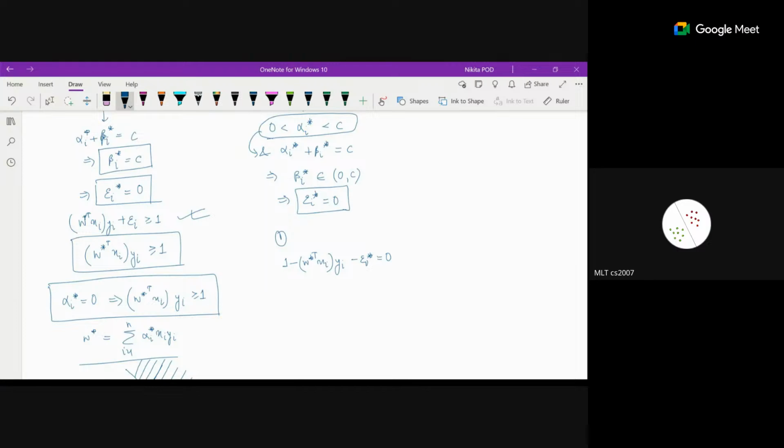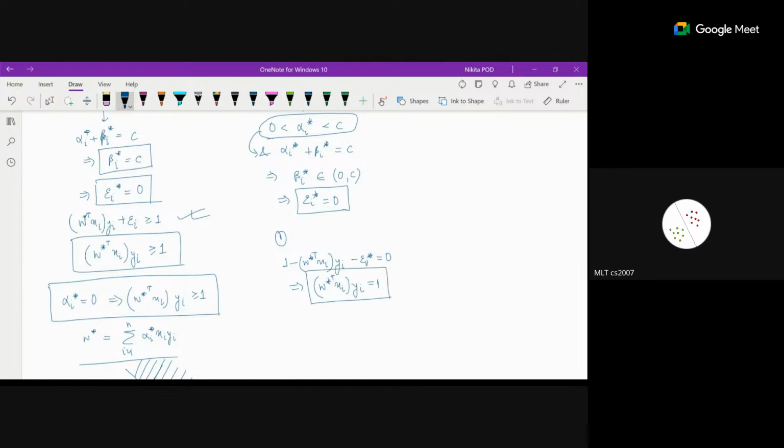If this is equal to 0 and epsilon I star is also equal to 0, then we can conclude that my W star transpose xi yi is equal to 1.